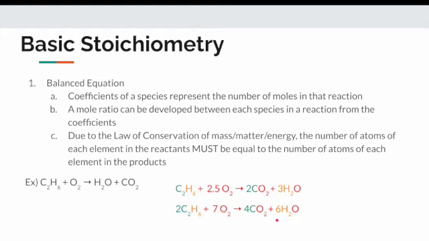And now those changes need to be reflected elsewhere in this species, C2H6. Now there are 4 carbon atoms, which means that since C2H6 has 2 carbon atoms, you have 2 moles of this species, and that means there are 12 hydrogen atoms on the reactant side, and there's also 12 hydrogen atoms on the right, because 6 times 2 is 12, and 2 times 6 is also 12.